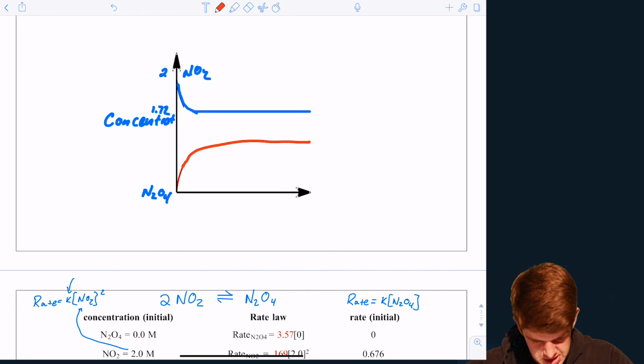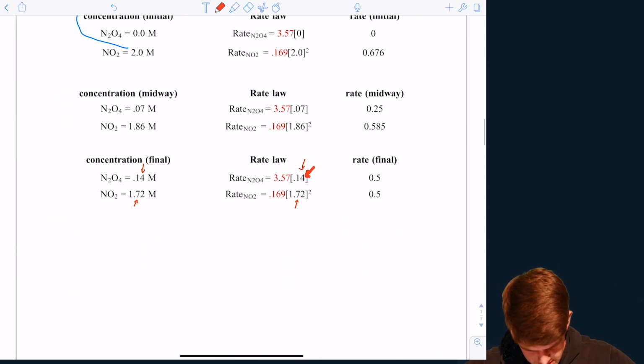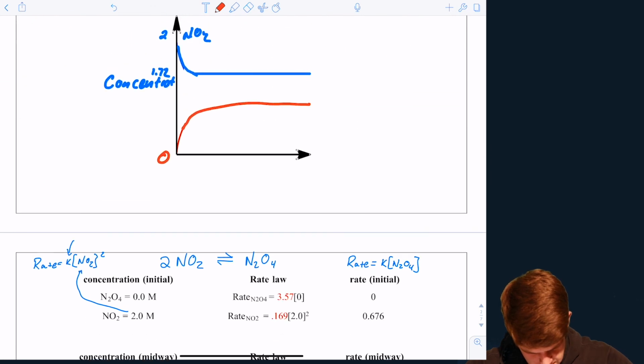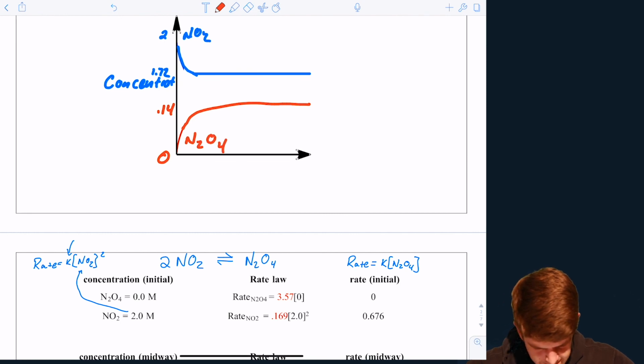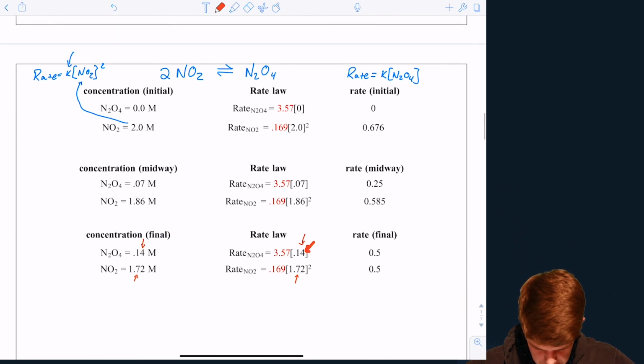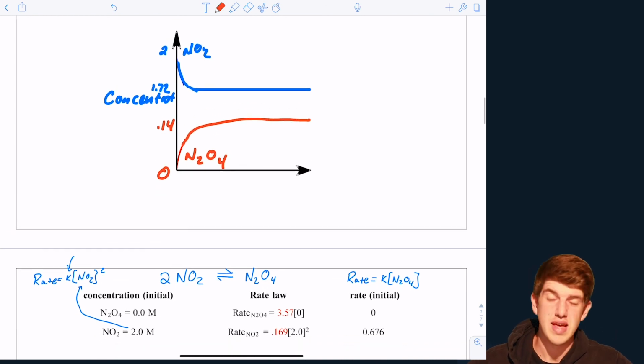So there's the initial, which was 0, and then my final was 0.14. And so that's what's happening.